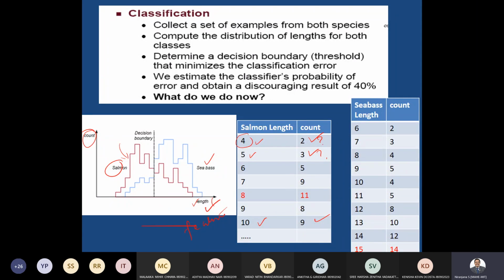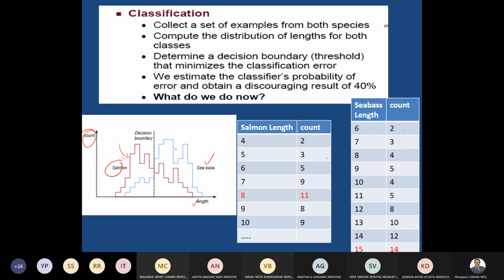Length has to be mentioned with the unit. Maybe some mm here, right? Similarly you do for the other case, sea bass, where you find length 6 or 7 units, and how many samples frequently occur in that data set is what is counted here and tabulated. So with that set of details, a histogram is plotted, right?